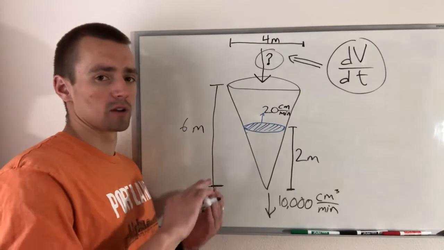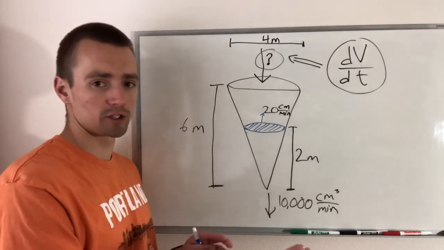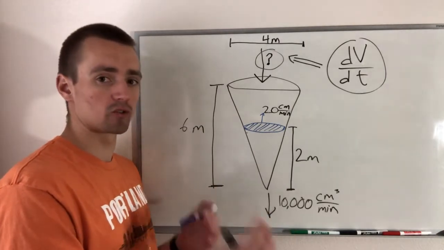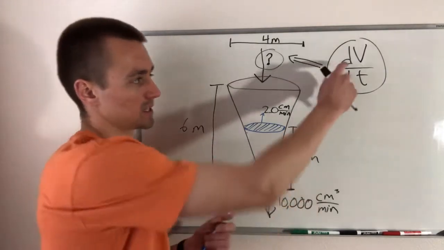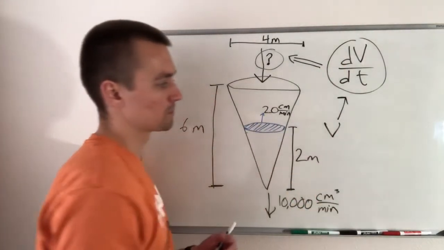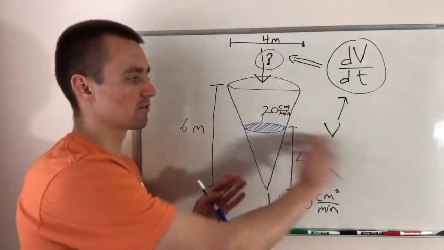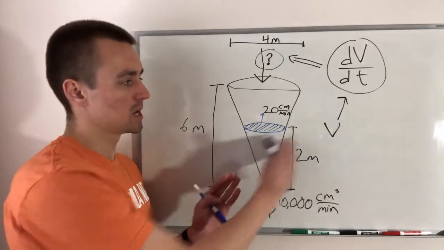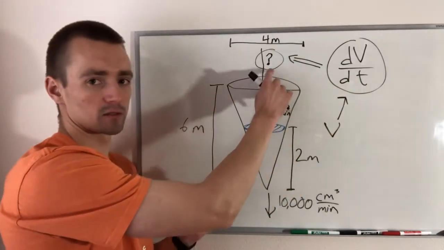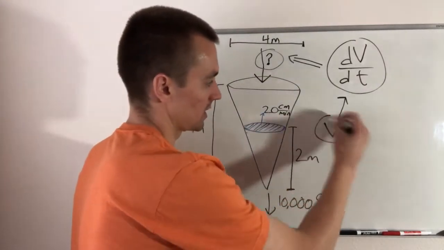So what you want to think about is what variable or what letter would we want to put in our equation so that when we implicitly differentiate it, or take the derivative of that equation, it's going to get us to dV/dt, and that would just be V. If our equation has a V in it, once we take the derivative of this whole equation with respect to time, that's going to introduce a dV/dt, which we can then use to find this volume. So we need our equation to have a V in it.